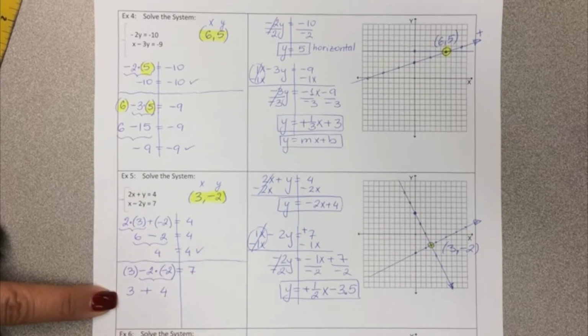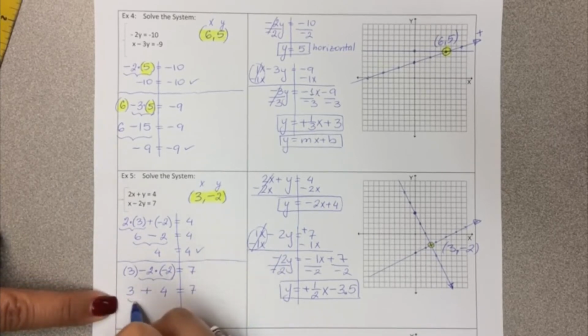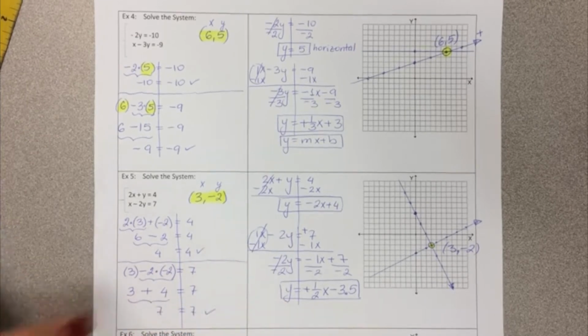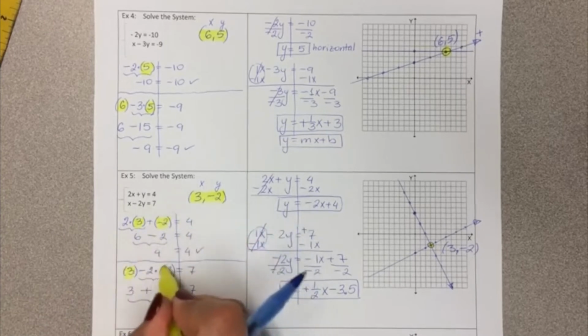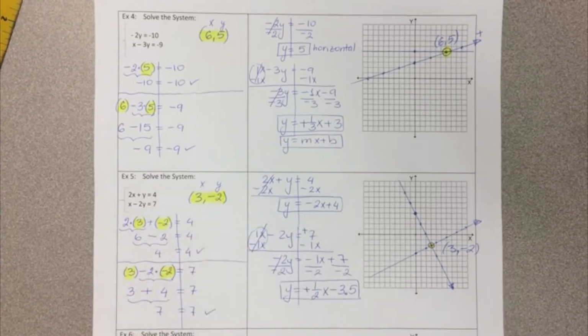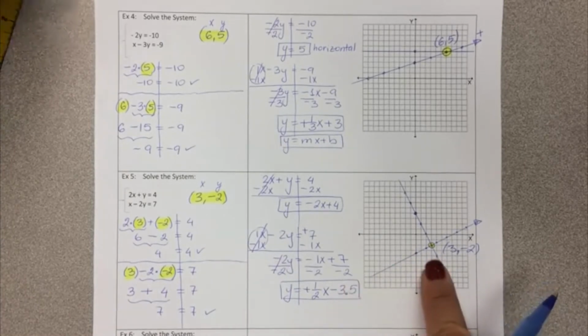Or you can multiply the signs right away. Negative times negative is 4. And then 3 plus 4 is 7. That works. So our solution 3, negative 2 works in both equations, makes true statements, so we found it correctly. The graph was done correctly.